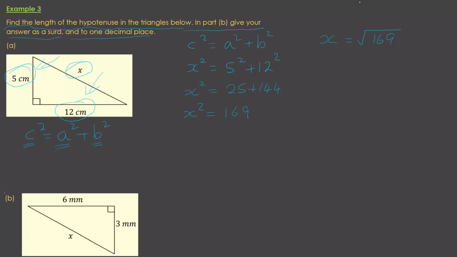Generally speaking, an equation such as x squared is equal to 169 could have 13 or negative 13 as the answer. But for a length, it can only be positive. The square root of 169 is 13, so x is 13 centimeters.